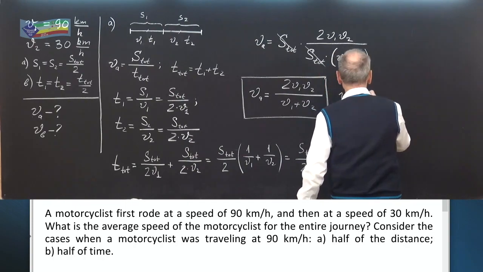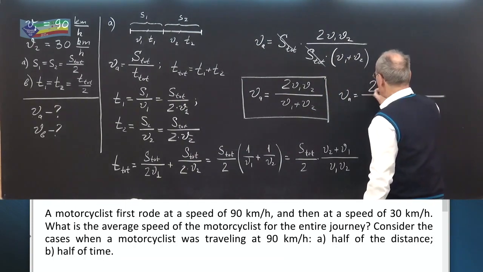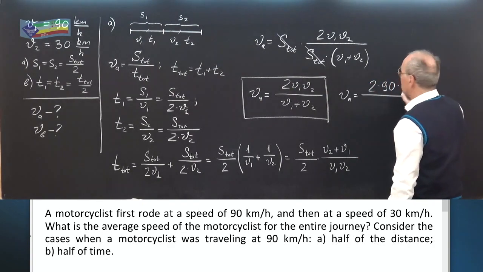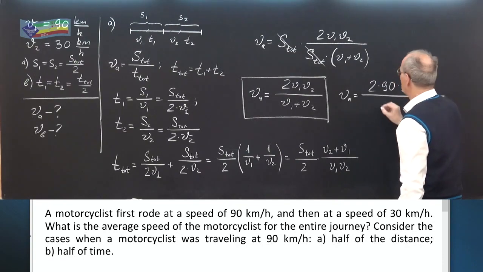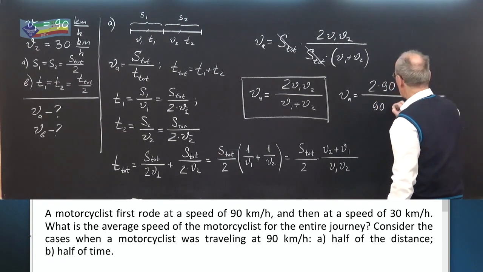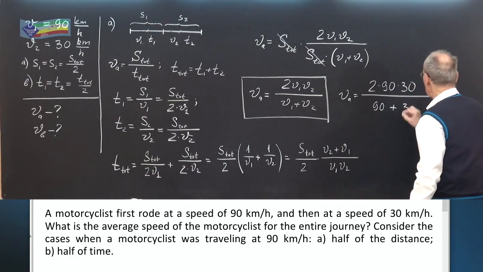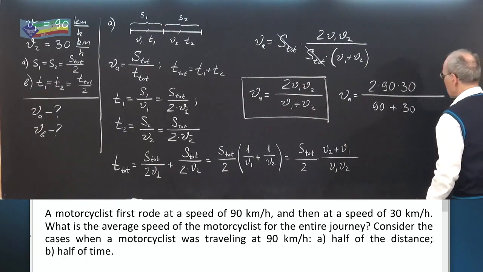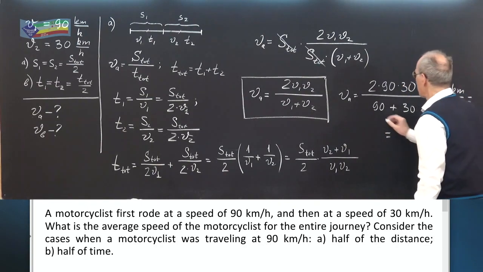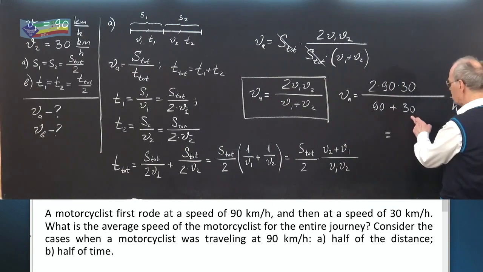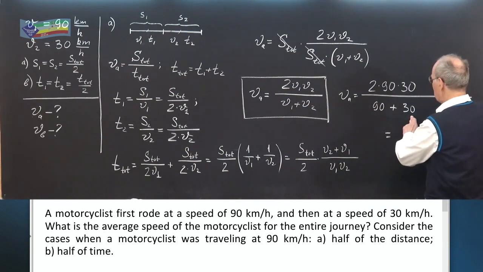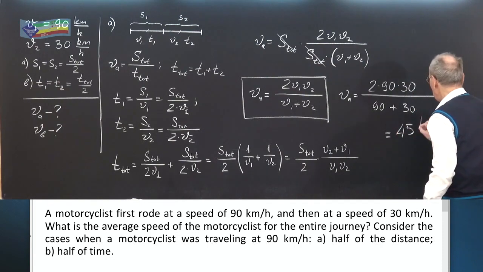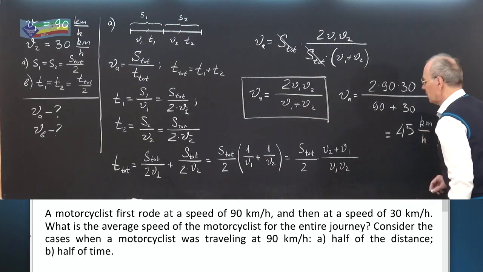VA equals twice 90, 30, over 90 plus 30 kilometers per hour gives us 45 kilometers per hour.